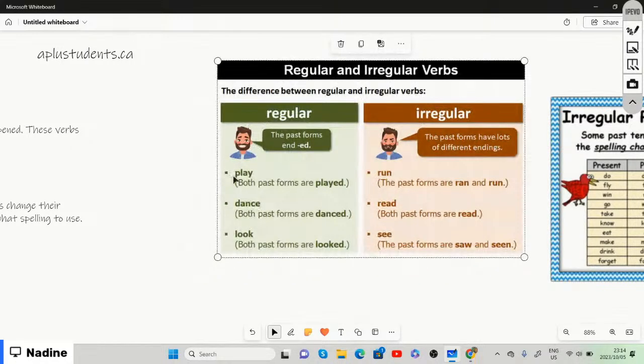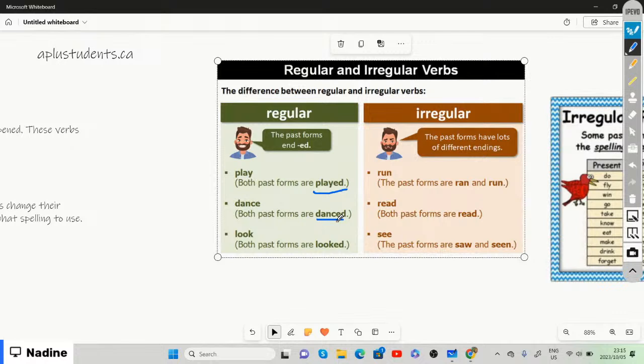An example is play and played. Dance, and the regular past tense of dance is danced.